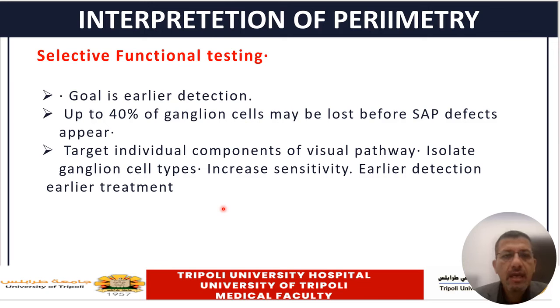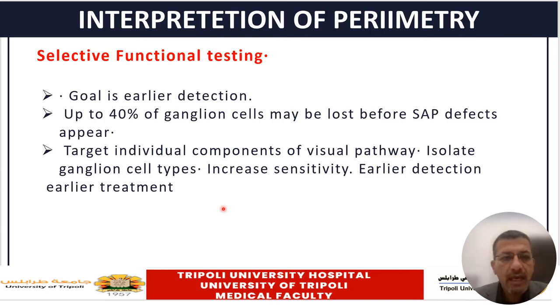There are different types of ganglion cells: the parvocellular cells, the magnocellular cells, and the koniocellular cells. The concept of selective functional testing is targeting a particular type of ganglion cells that is more susceptible to glaucomatous damage.